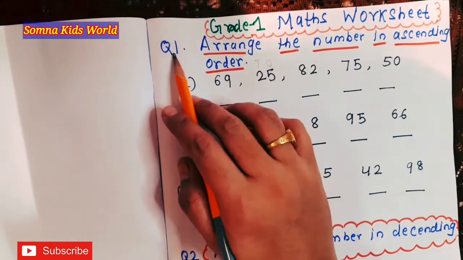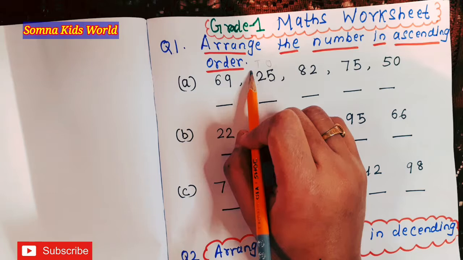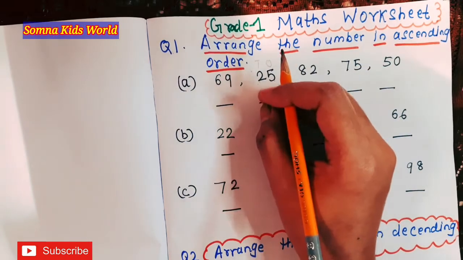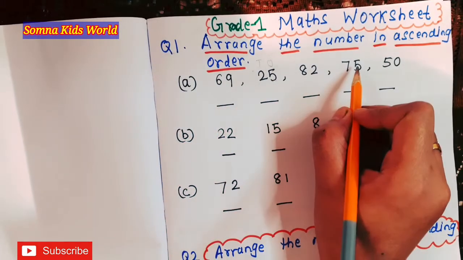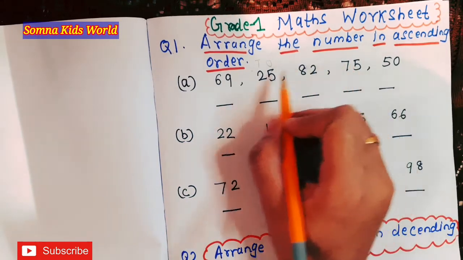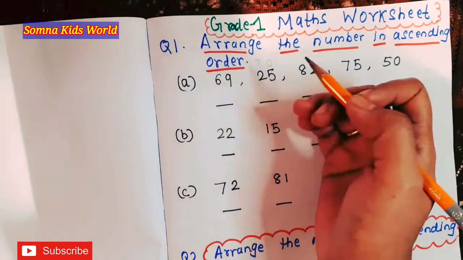So the first question is, arrange the number in ascending order. Ascending order means from smaller to bigger number. Kids need to find out the smallest one. So how will they find the smaller one?